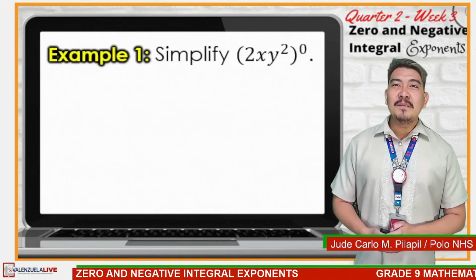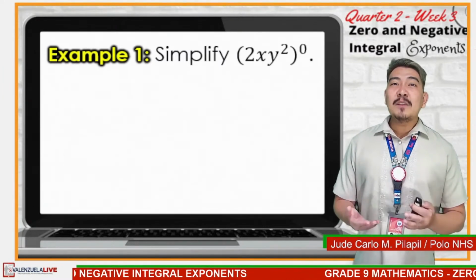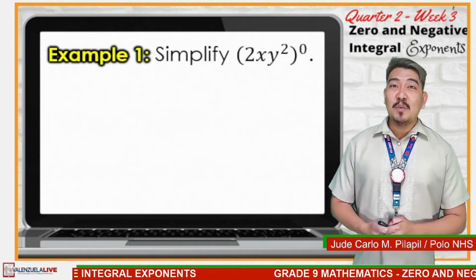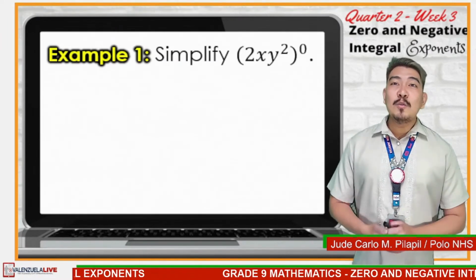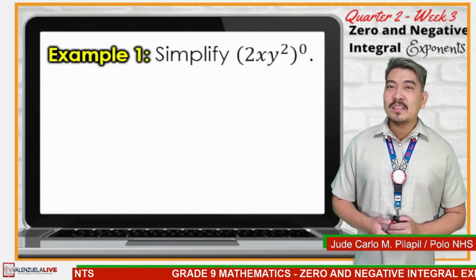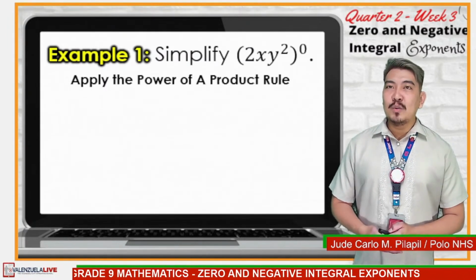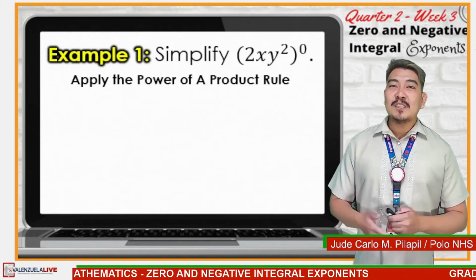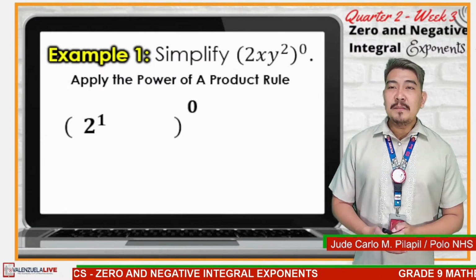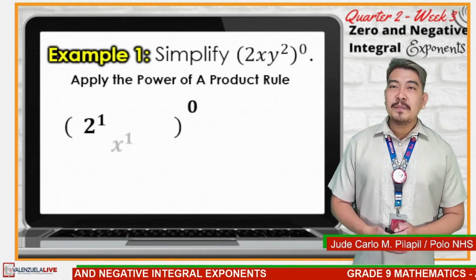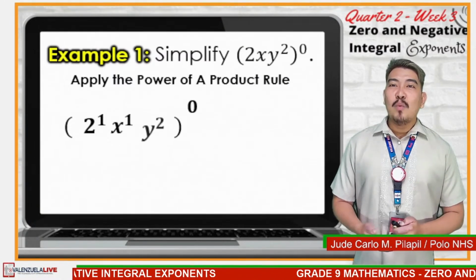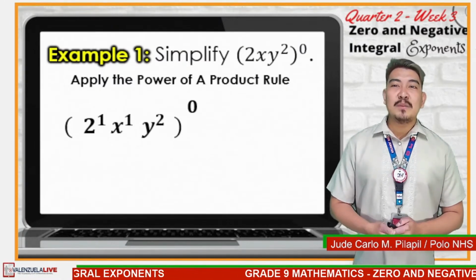Example number 1. The zeroth power of 2xy squared, or the quantity 2xy squared raised to 0. We can apply the power of a product rule. We can rewrite the expression as the quantity 2 raised to 1, x raised to 1, y squared, raised to 0.